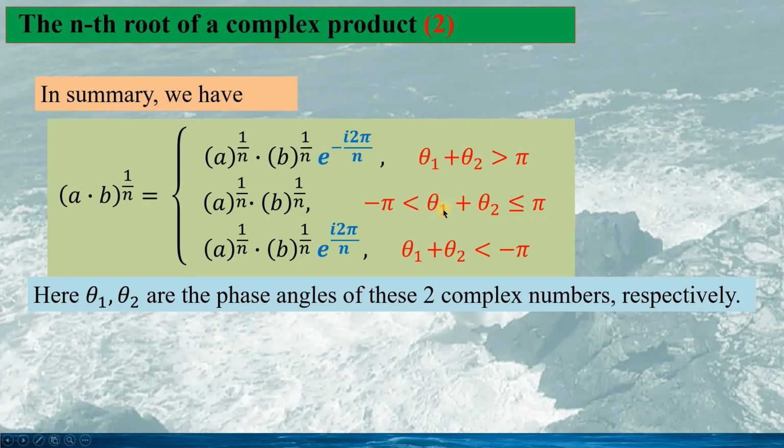And when theta 1 plus theta 2 is within the limit for the principal value, the nth root of the product can be calculated as the product of the nth roots of the individual complex numbers. And when theta 1 plus theta 2 is less than minus pi, it would be given as this, so the extra term here.